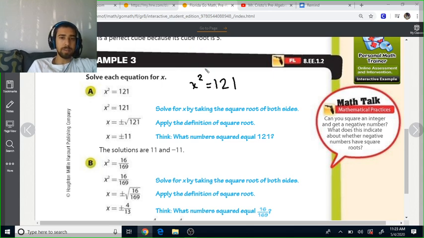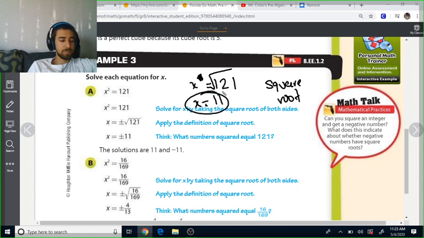That's how ahead of the game I am. You square root it. So the square root of 121 equals 11.